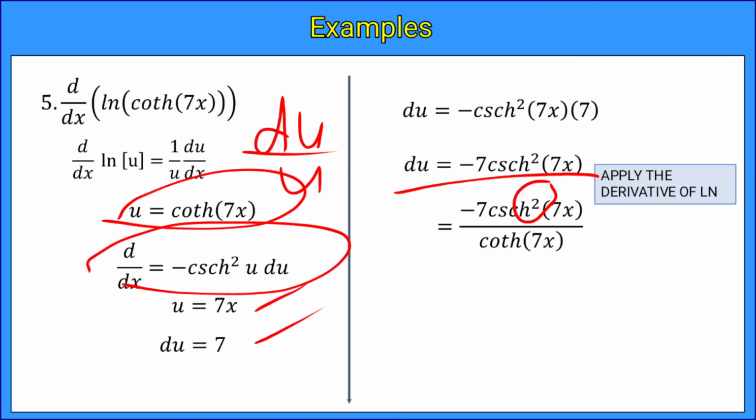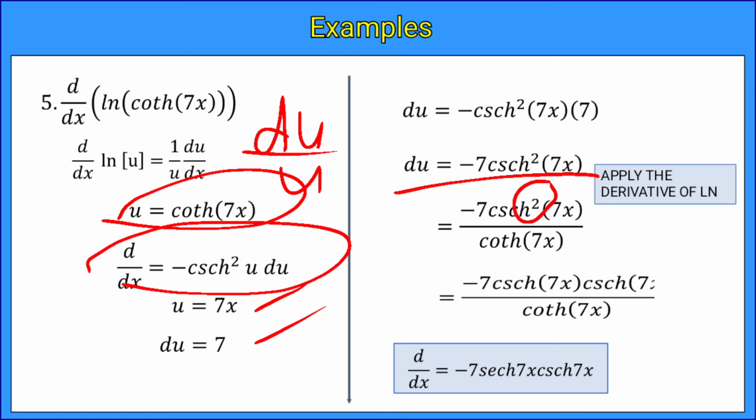And this hyperbolic cosecant squared 7x, we can spread it out like this. We have negative 7 hyperbolic cosecant 7x and another hyperbolic cosecant 7x. And then we have the final answer already.